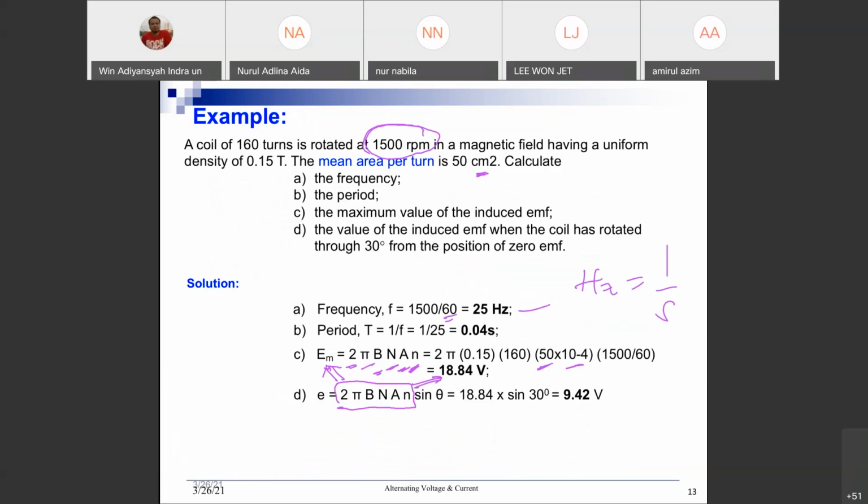So you just multiply this one with sine 30. Sine 30 is 0.5, so you have this one. Any question for the example?